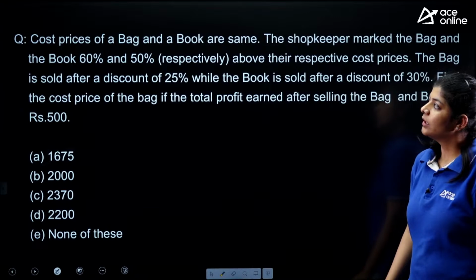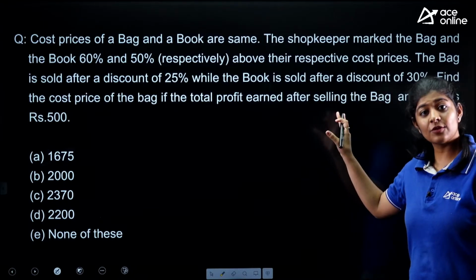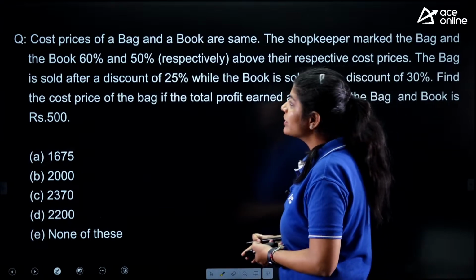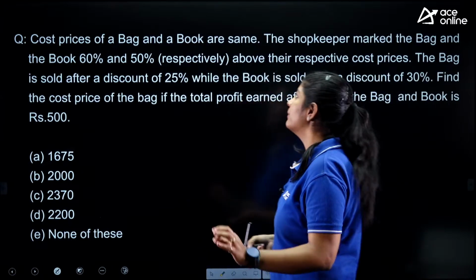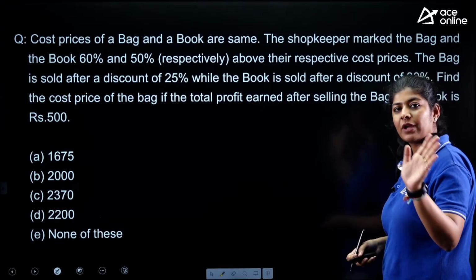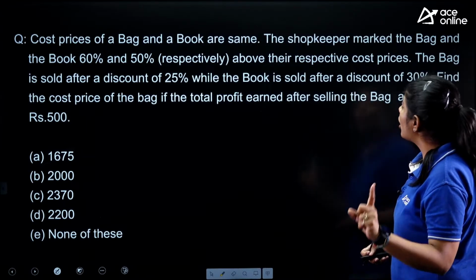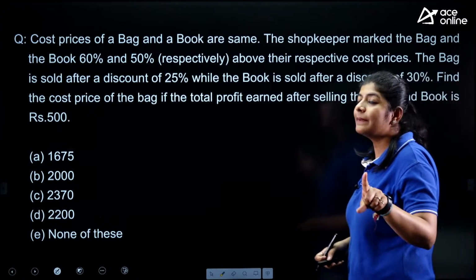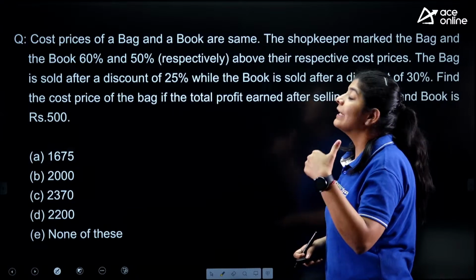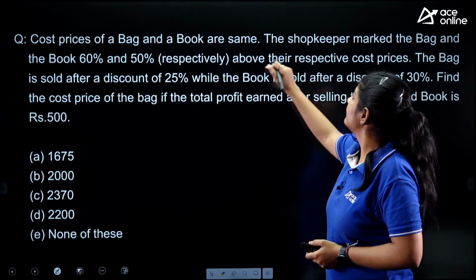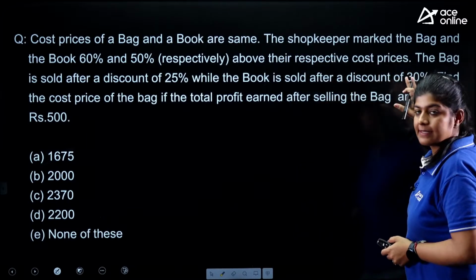Next. Again, this is also a very easy question. The question is saying that the cost price of a bag and a book are the same. So the cost price of the book and the bag is the same. The shopkeeper marked the bag and the book 60% and 50% respectively above their respective cost prices.